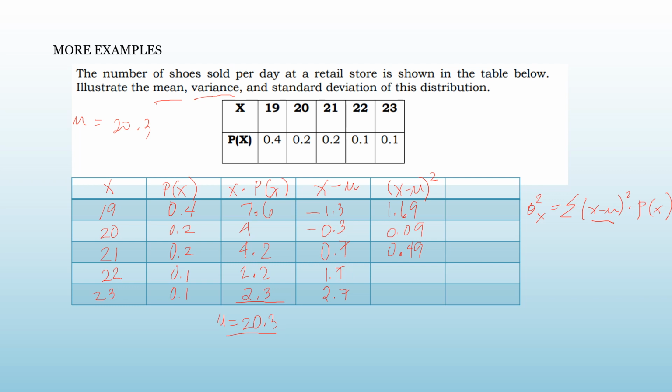And 1.7 times 1.7 is equal to 2.89. Then, 2.7 times 2.7 is equal to 7.29.